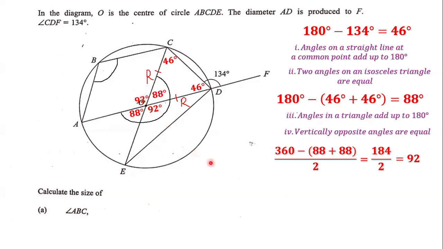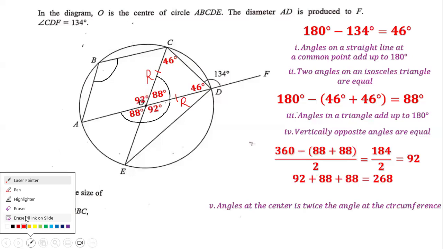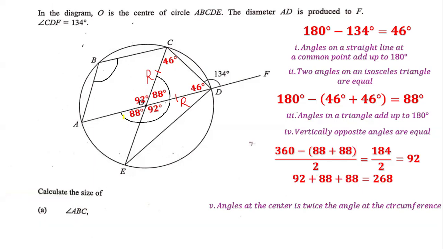Now, the next thing that we know is that the angle at the center is twice the angle at the circumference. And so what does that mean? That means that this angle right here, which is at the center of the circle, is going to be twice the angle at the circumference.